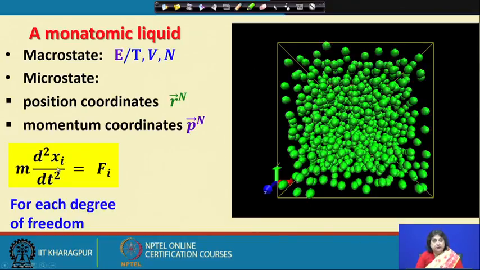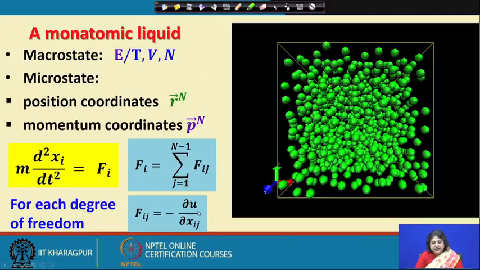Say the degree of freedom is xi, and this is going to depend on Fi, where Fi is the force acting on the ith degree of freedom, or the ith particle here, because of all other n minus 1 particles present in the system. Now, what is Fij? Fij, that is the force on the ith particle because of the presence of some other particle j in the medium, is related to the derivative of the pair interaction u with respect to their separation.